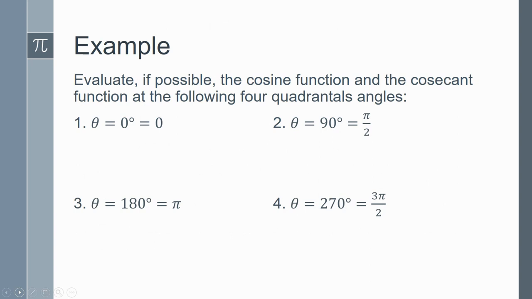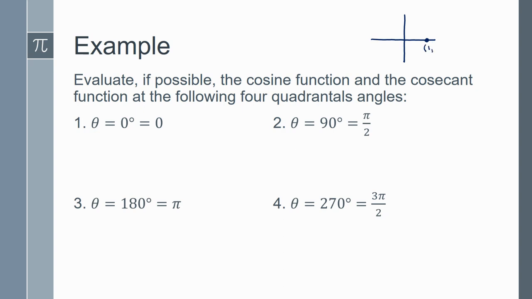All right, so evaluate, if possible, the cosine and the cosecant of these 4 quadrantal angles. So when I'm talking about the 1 unit apart, I'm talking about, okay, here's my x and y axis. So here is a point that is on the x-axis that is a quadrantal angle.